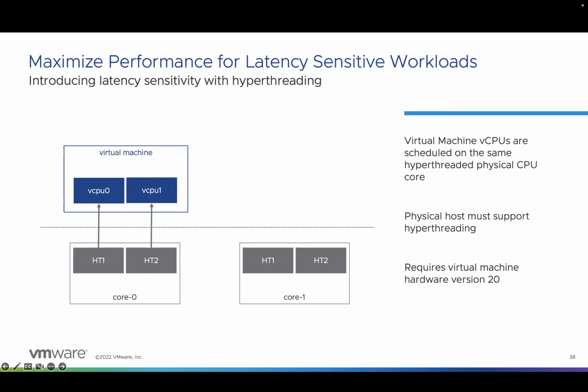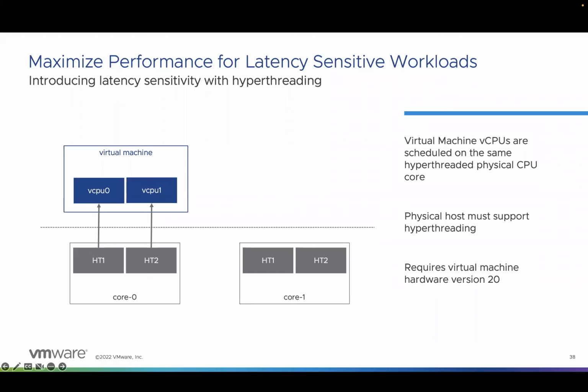So in the diagram on screen, we've got a virtual machine with two vCPUs, and we've got two cores represented here of our CPU, and they're hyperthreaded cores. So they've got hyperthread 1, hyperthread 2 on each of the cores. And with latency sensitivity with hyperthreading enabled, where possible, we'll always try and schedule the two vCPUs of the VM on the same core.